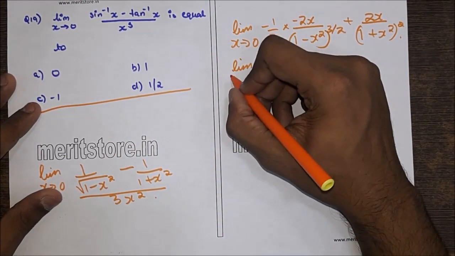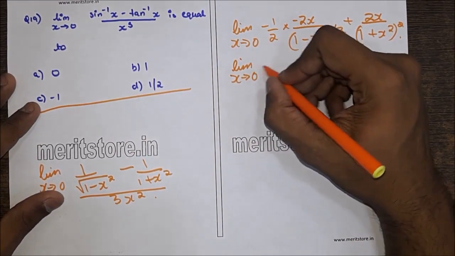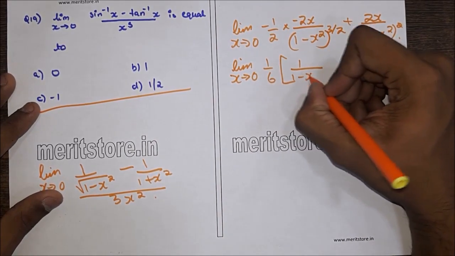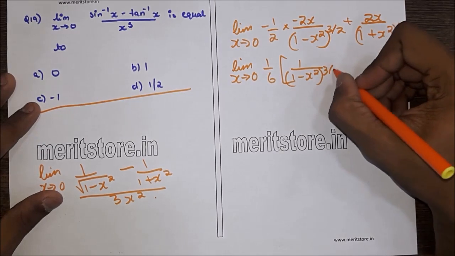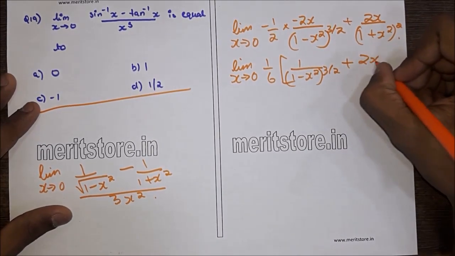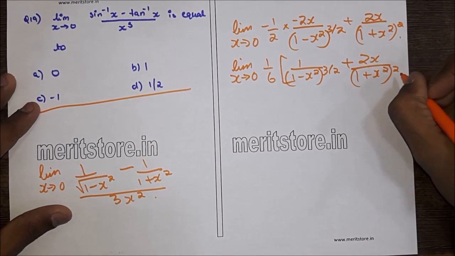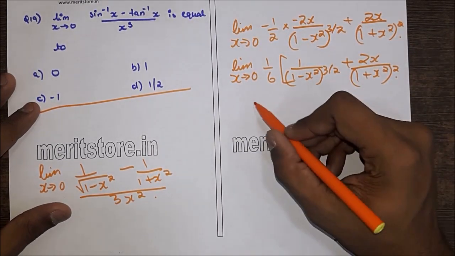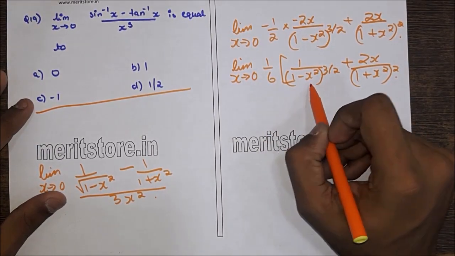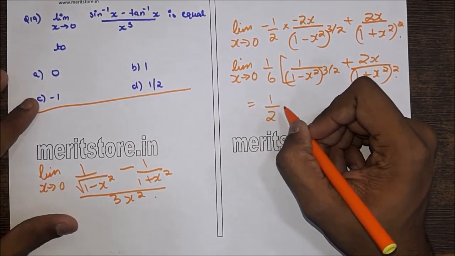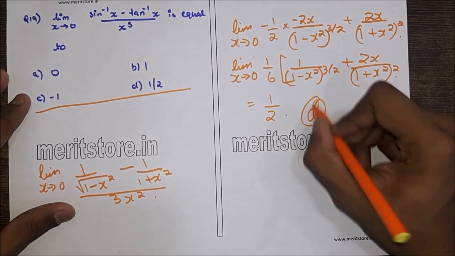Therefore, we get limit of x tends to 0, 1 by 6 into 1 by 1 minus x square raised to 3 by 2 plus 2x by 1 plus x square the whole square. On applying the limits x tends to 0, we are left with 1 by 2, which is option D.